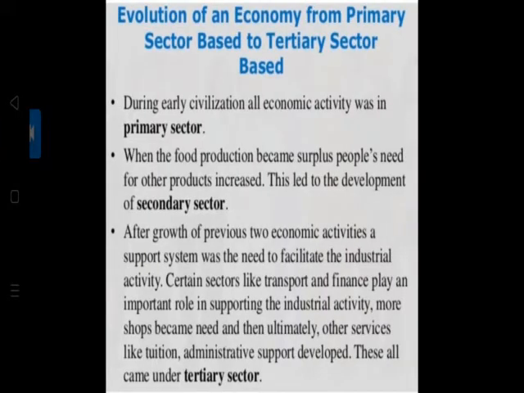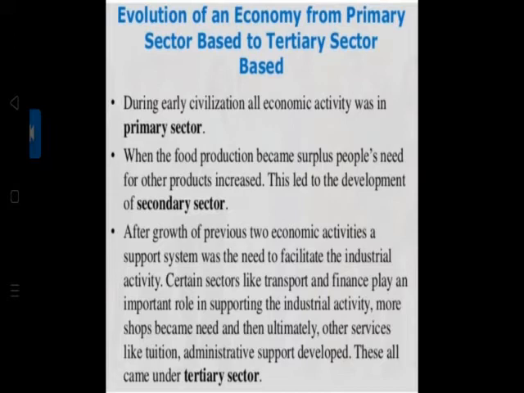Now let's understand, before I begin this lesson, the evolution of the economy from primary sector to tertiary sector. During early civilization, all economic activity was in primary sector. When the food production became surplus, people's needs for other products increased. This led to the development of secondary sector.